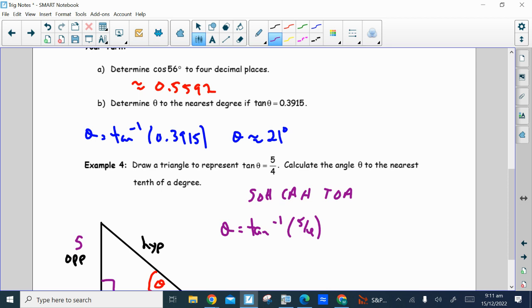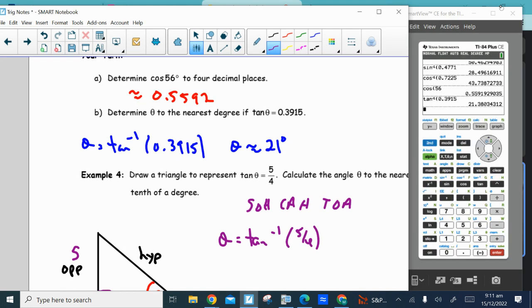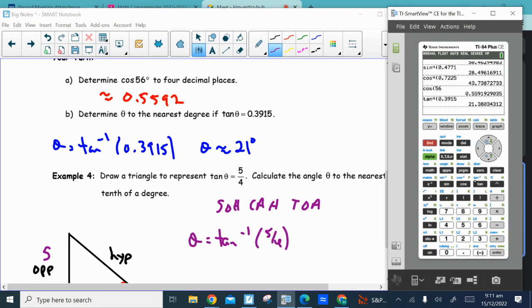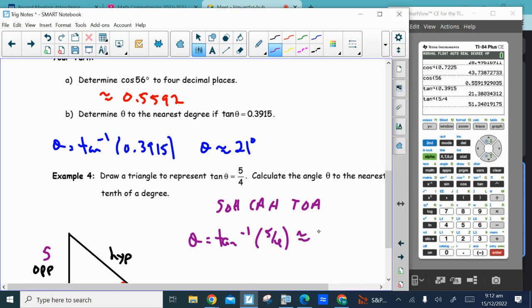If you want, you can go 5 divided by 4 first and get a decimal, 1.25, but you don't need to. You can go straight to the calculator and just go second function tan of 5 over 4. The calculator will divide 5 over 4 as a decimal, and then go second function tan of that decimal, 51.3 degrees to the nearest tenth. So there's the angle theta to the nearest tenth.